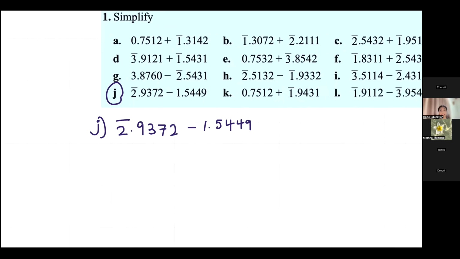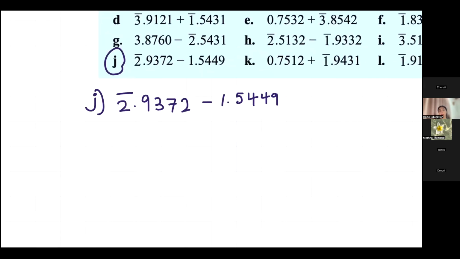First of all, our first step is we separate the characteristic and the mantissa. If you take bar 2.9372, how do we separate it? Minus 2 which is the characteristic, plus 0.9372 which is the mantissa.